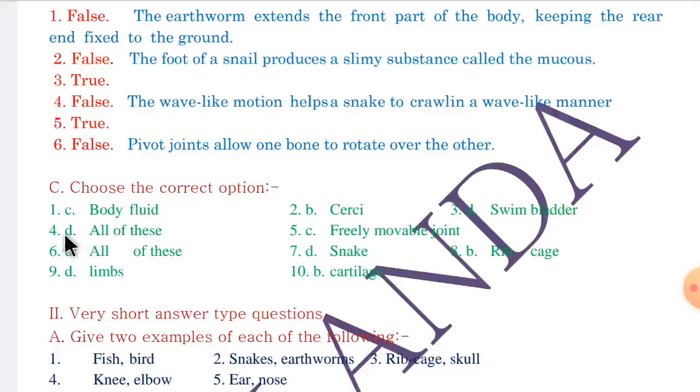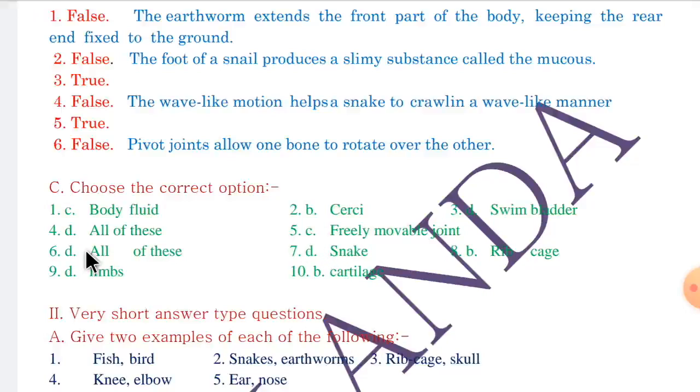So the answer is D, all of these. Let's see, the fifth one: which of these joints does the elbow have? That is C, freely movable joint.